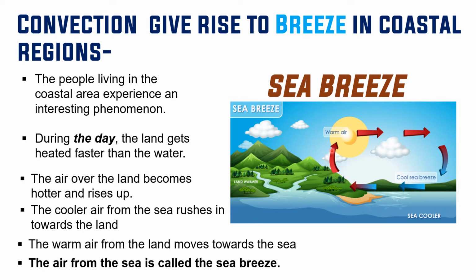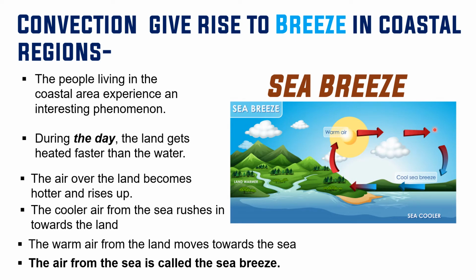You studied that when heated, particles become lighter and move up. Here also the same thing happened. The land particles heated and move up, as you can see by this arrow. These red particles are the hot or heated particles.